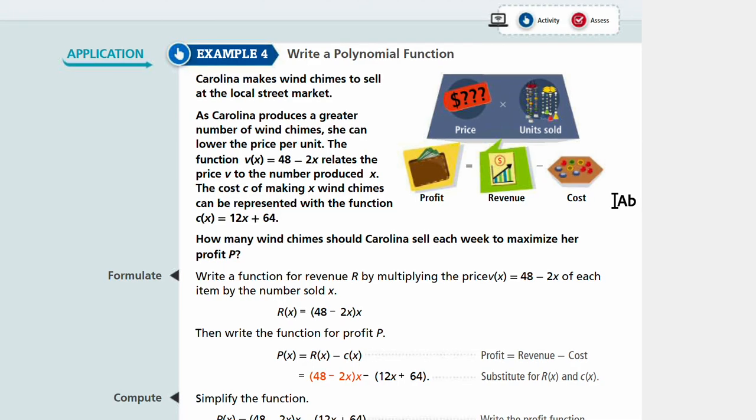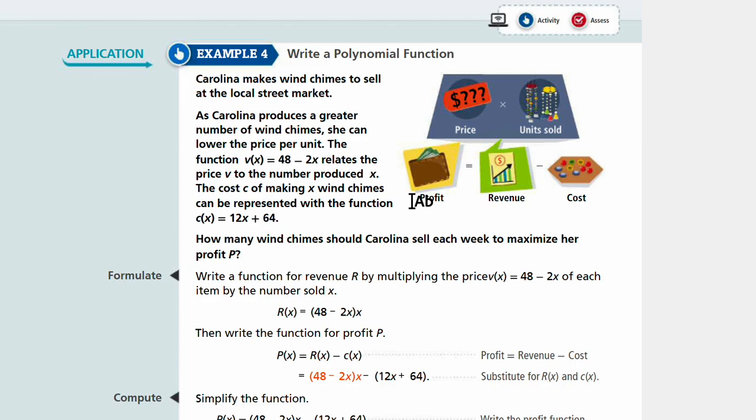So let's write a function for revenue R by multiplying the price by the number sold, because price times how many you're selling would be the revenue, right? So 48 minus 2x would be the price to the number produced. So this whole price times the number sold x would give you the total revenue.